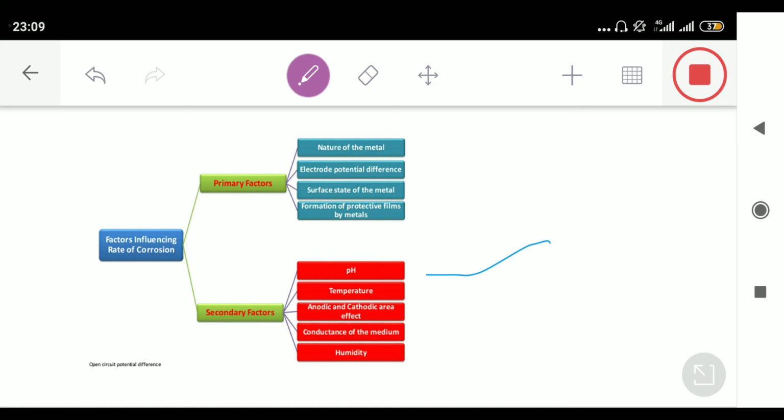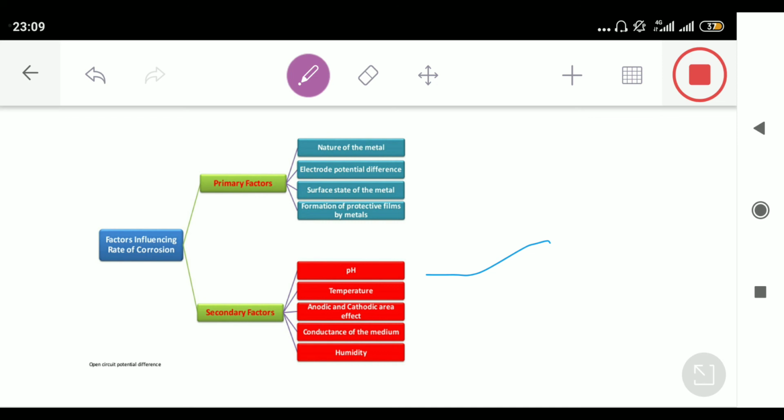It means if the cathodic area is higher than the anodic area, the cathodic area will be exposed to more and more electrolyte, and the anodic area will be exposed to less and less electrolyte. So in that case, the corrosion is going to be feasible.